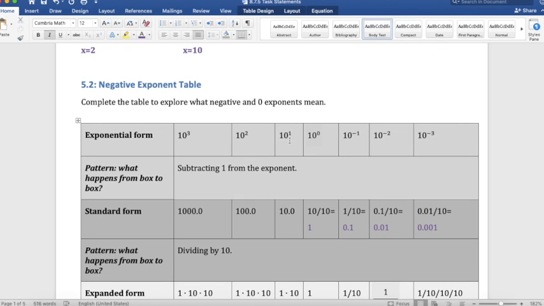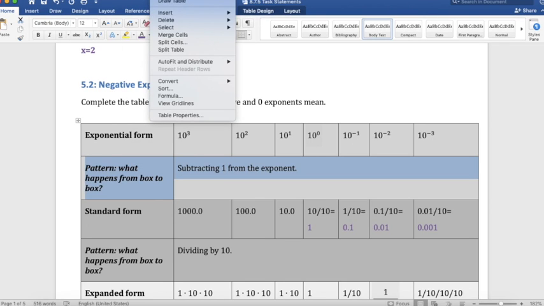All right? So what I'm going to end up doing is I'm going to get rid of this whole row. Actually, I'm going to get rid of a few rows. And then I'm going to give you the nice condensed version of this table.